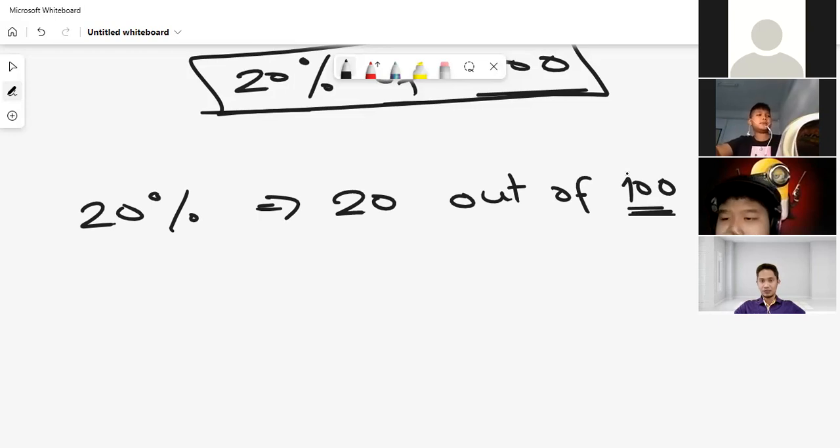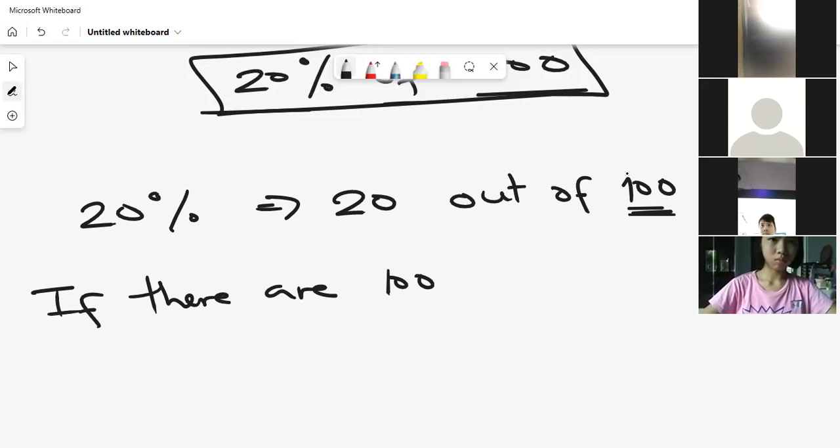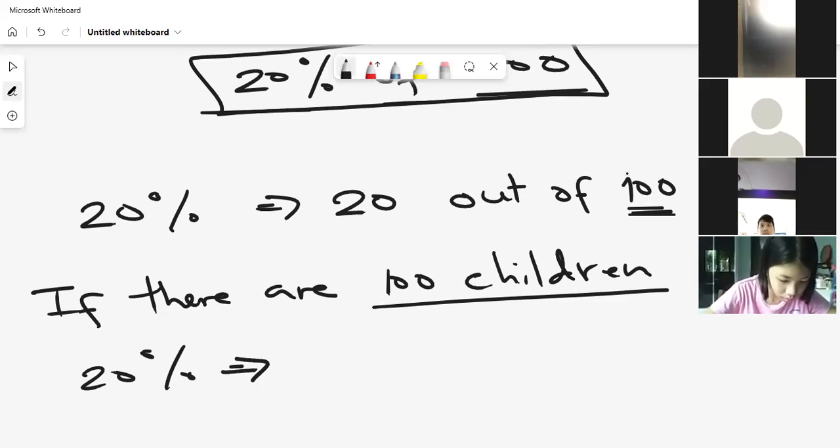Out of 100, but we are talking here about 300. If there are 100 children, it means 20% means 20 boys.